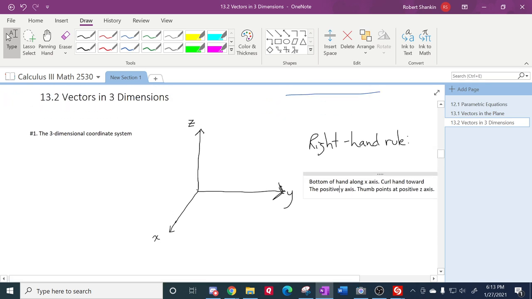Kylie, if you're still struggling with this, we can look at it during the break. The question? Yeah, so I tried the right-handed coordinate system, but at times it seems confusing to me.